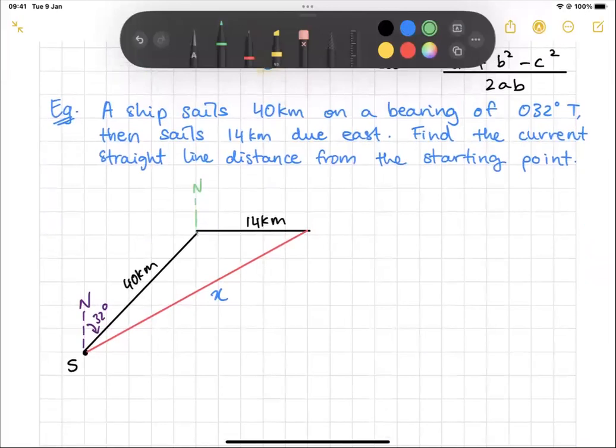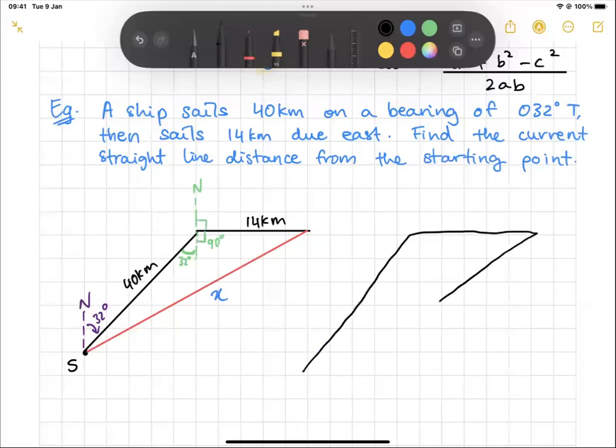If I were to draw this north distance here and cut it across, doesn't this here look like 32 degrees? It kind of looks like an alternate angle, so I'm just going to assume that it is 32 degrees. Then the ship sails due east. If it's due east, that means this here is 90 degrees. Therefore, if it's going to make a straight line, this must be 90 degrees too. Let's just draw it one more time.